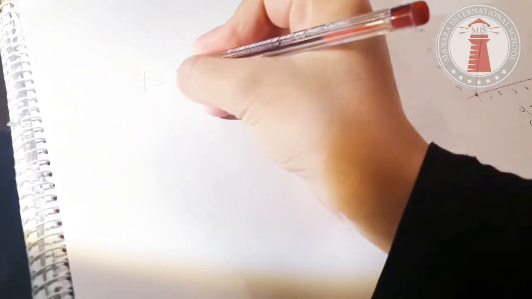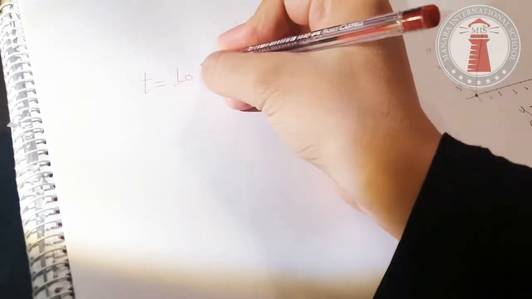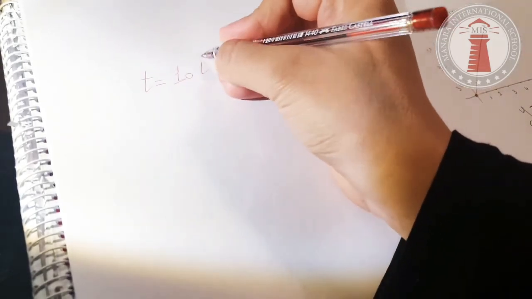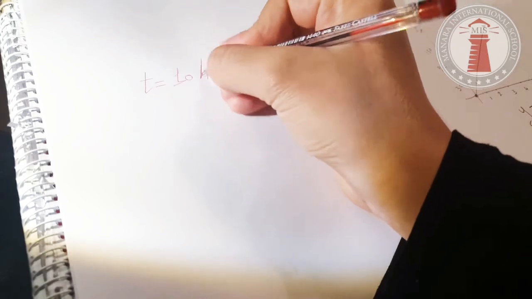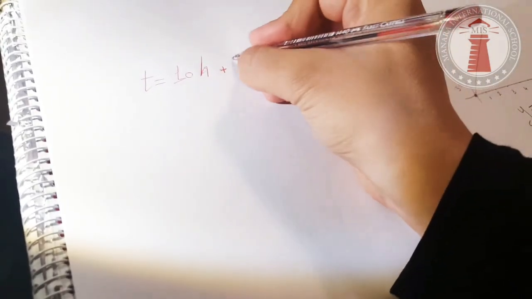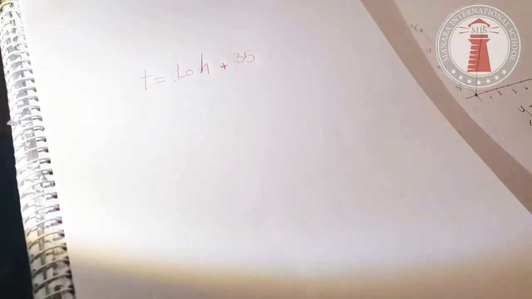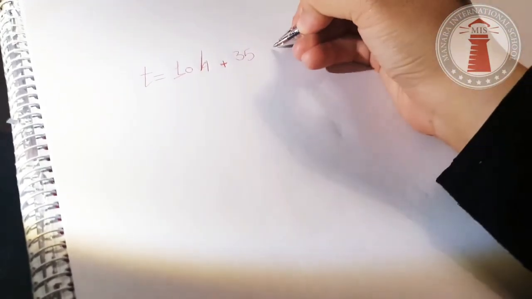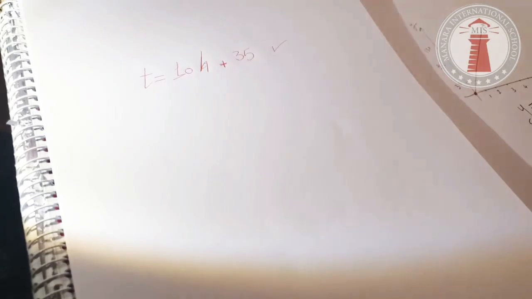So it's going to be T equals $10, multiplied by the number of hours, which is called H, plus the fixed amount of money paid, which is $35, which was option number 2.